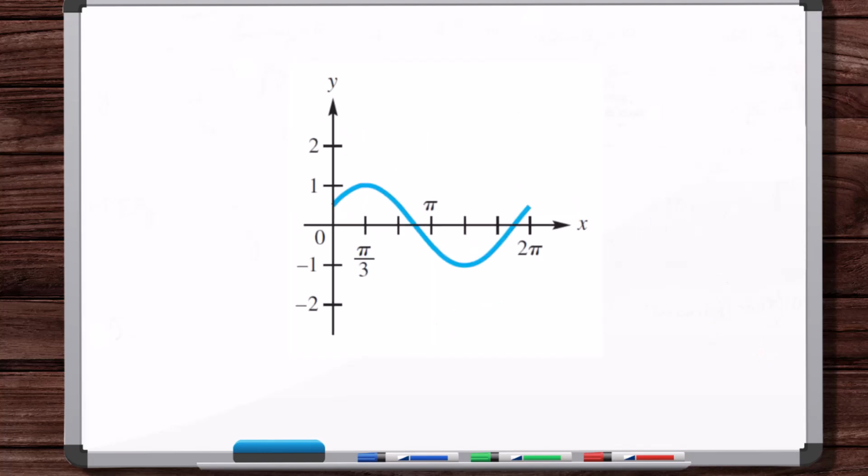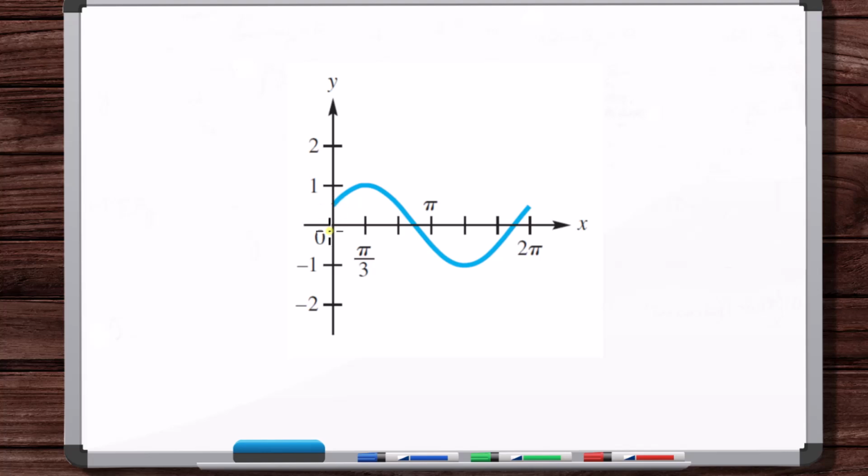Okay, here we can see that it looks like this hasn't been shifted vertically, and we have a peak at pi over 3, and it's not starting at x equals 0.